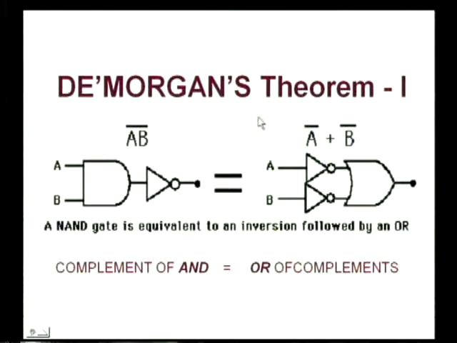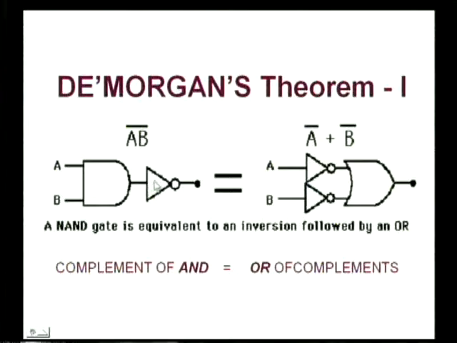What De Morgan's first theorem states is that the complement of AND is equal to the OR of complements, that is, A ANDed with B whole bar is equivalent to A bar plus B bar. This is De Morgan's first theorem. So, A ANDed with B whole bar is nothing but a NAND gate.